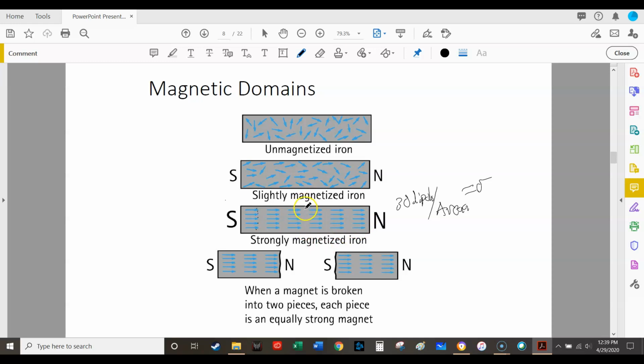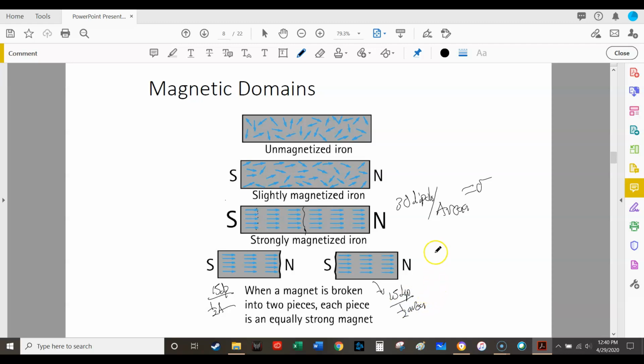And so what's really neat is if you cut it in half. If I cut it in half, and so now I have this guy, which is now 15 dipoles per half area, and this guy is 15 dipoles per half area.